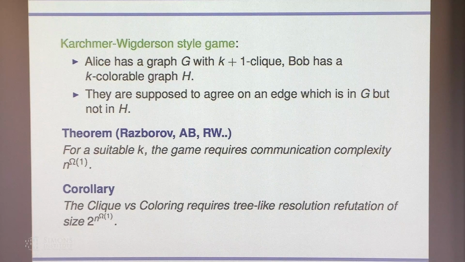And now the objective of this game is to find an edge which is in G and which is not in H. Unfortunately, if you choose the parameter k in a suitable way, think roughly like square root of n, then the communication complexity of this game will be n to some constant, which follows from lower bounds of Razborov on monotone circuits, or Alon-Boppana, which gives explicit lower bounds for this game with a little bit better parameters.